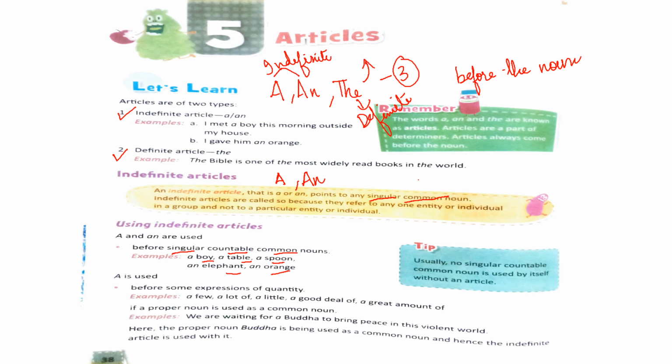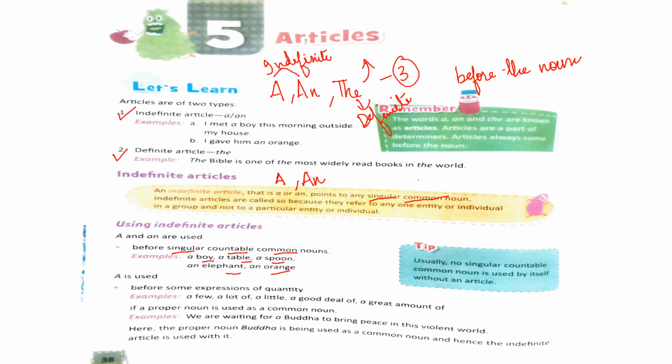These words are singular. They are countable. You can count boys, tables, spoons, elephants and oranges, and these are all common nouns. So you will say a boy, a table, a spoon, an elephant and an orange. Okay, so you always use a and an before singular countable common nouns.